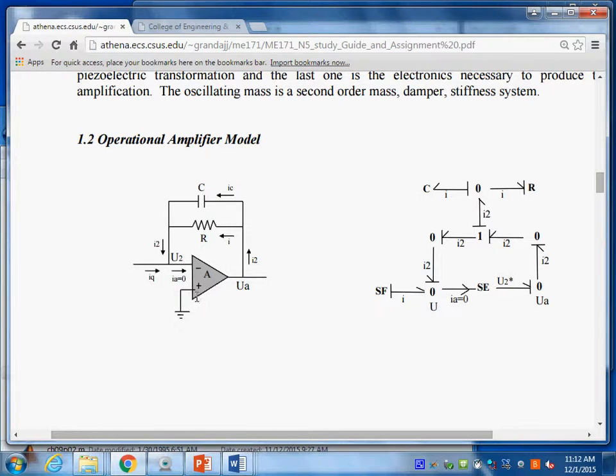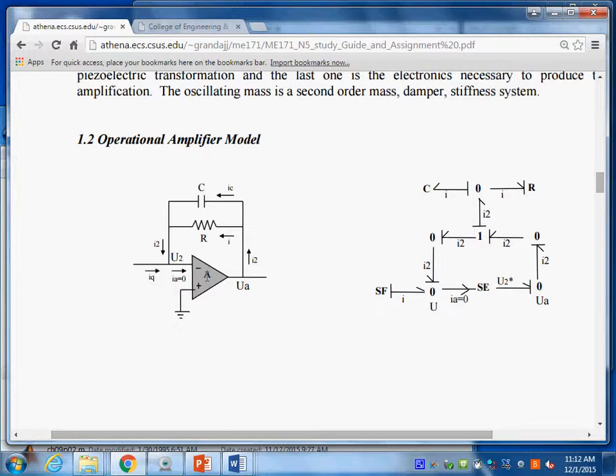But this operational amplifier, I want to have a little discussion with you about this, because you could say, Professor, if this amplifies voltage and it gets a voltage on one side times some amplification and gives a voltage on the other side, it should be a transformer, right? But the problem is that a transformer is a power conserving element, and this is not.